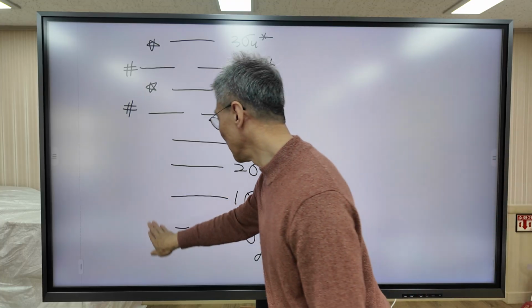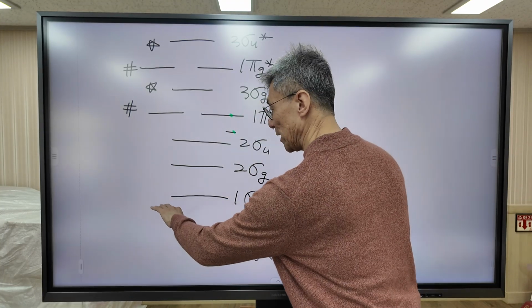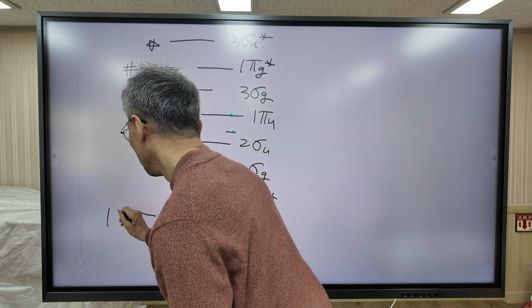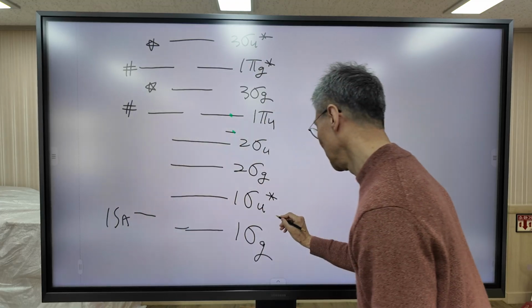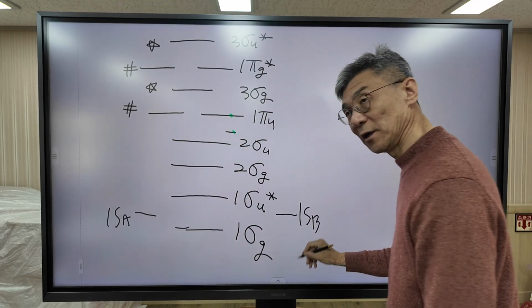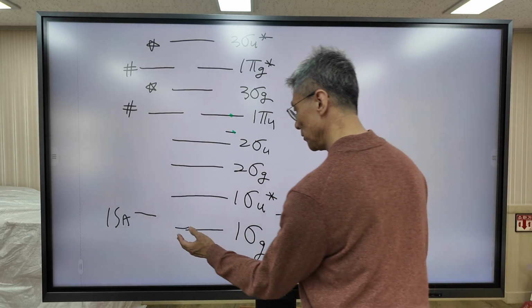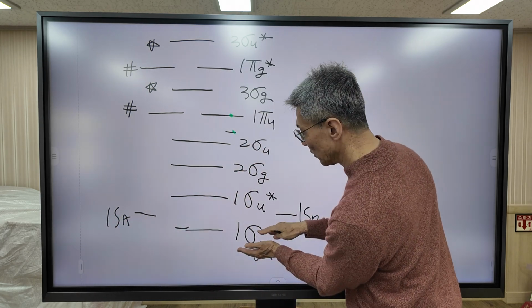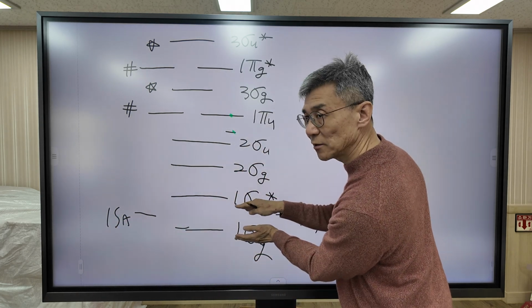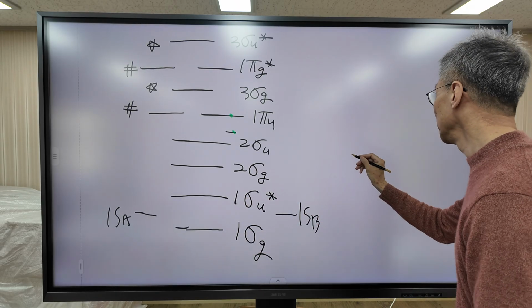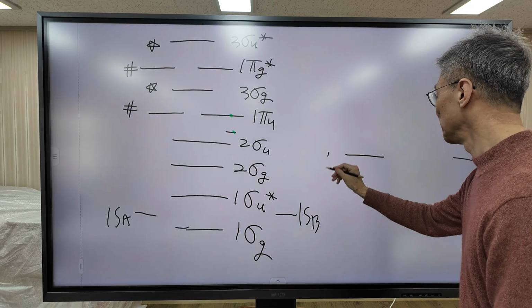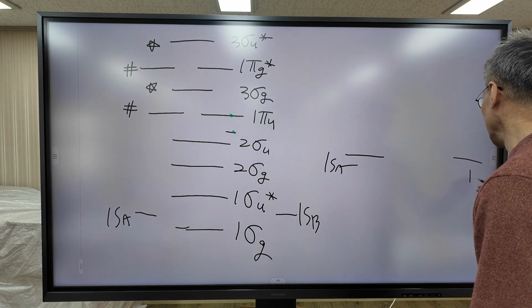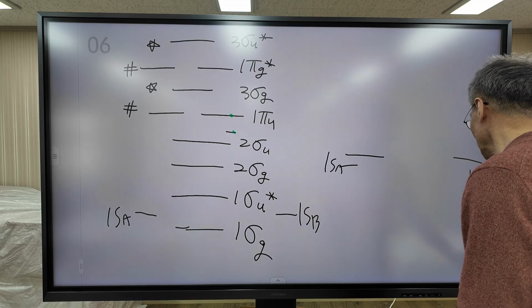Around this molecular orbital energy level, we have one SA orbital and one SB orbital. So I'm going to use one SA orbital and one SB orbital to construct one sigma g orbital and one sigma u star orbital.